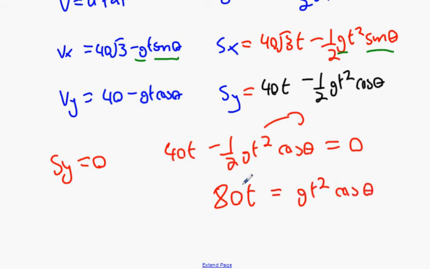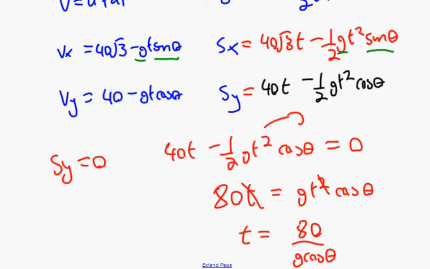I'm going to cancel that t with one of the t's there. I'm going to isolate t, and I'm going to get 80 over g cos theta. This is known as what, guys? Time of flight. It's how long you're in the air. Similar idea, but it's known as time of flight, okay?